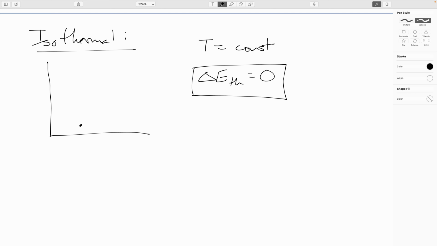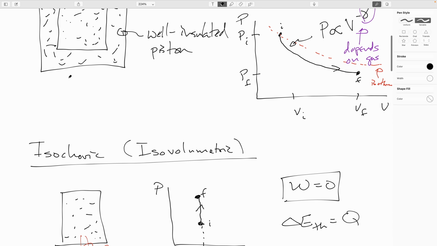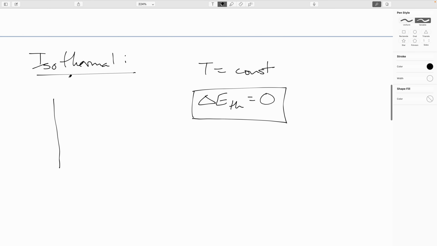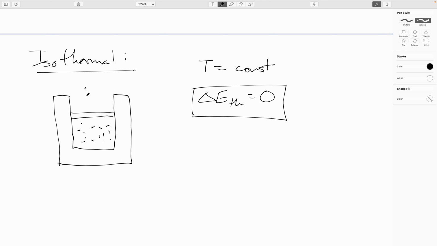So for something like this, what I would be doing is taking our piston like this, and we'll have our gas and our stack of coins, but this time it's not going to be an insulated container.